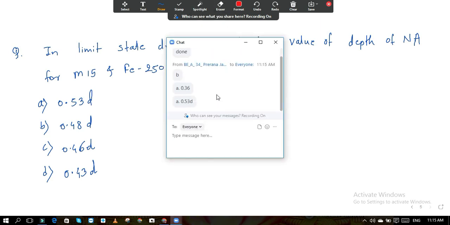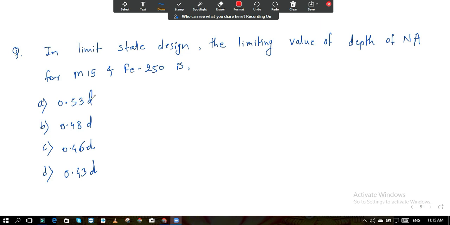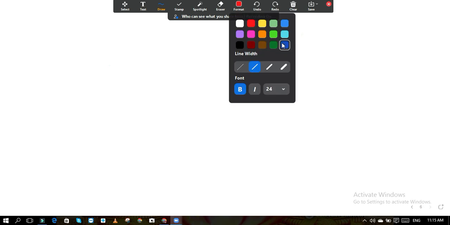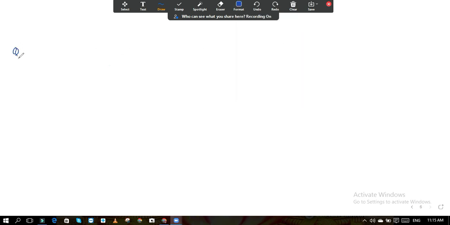So answer is 0.53D, correct. This is the correct answer. For Fe250, just now I have given you the table for Fe250, 415, 500. Accordingly, you need to choose the value. So next question.